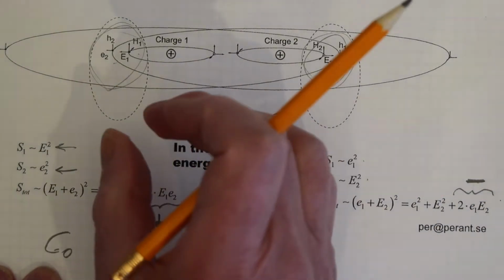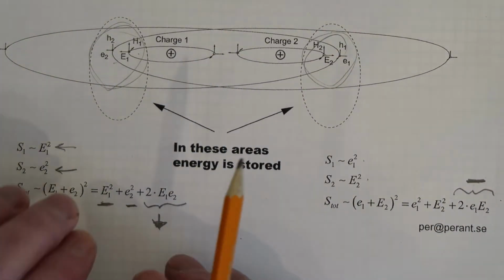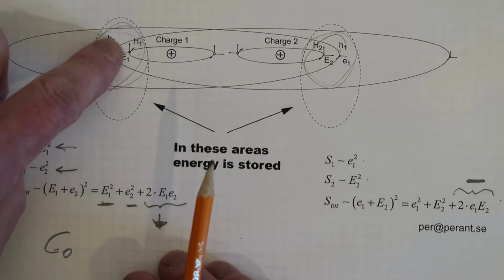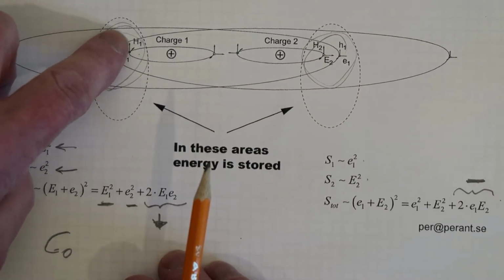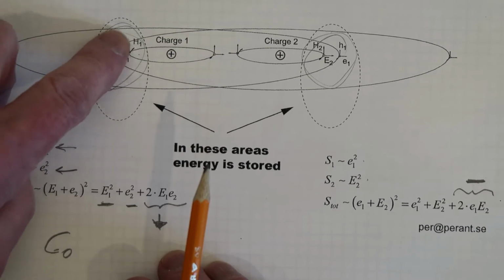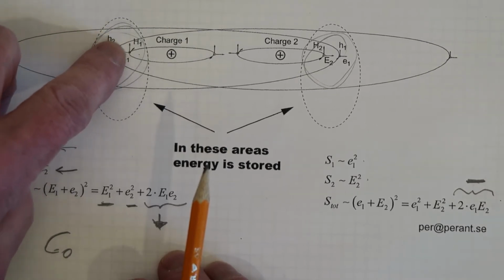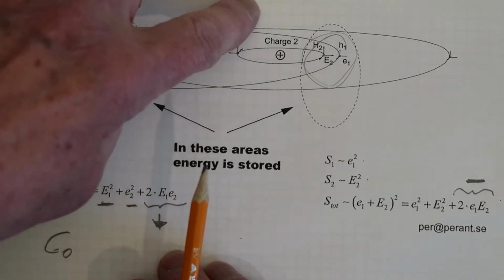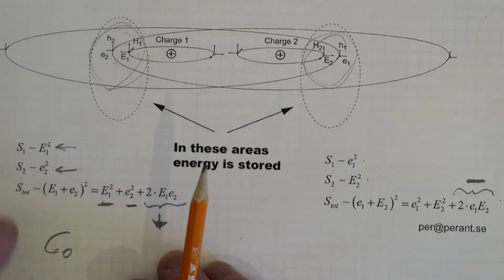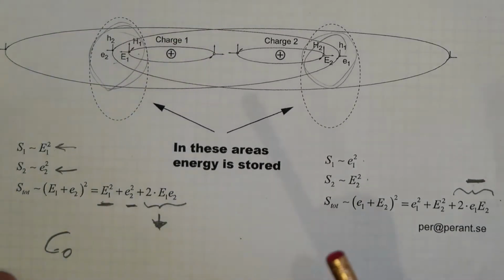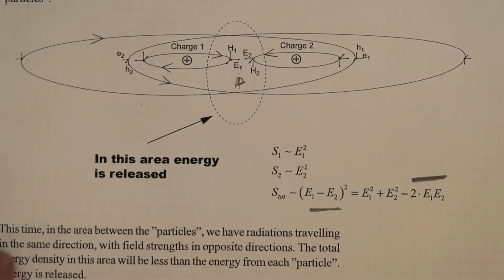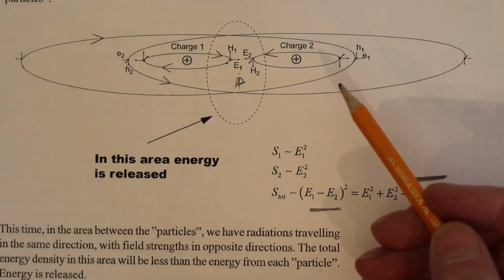Energy is coming in, and then they are traveling at a lower speed, and then more energy is in this area per volume than is in the area surrounding in other directions. And the same is true in this picture here.